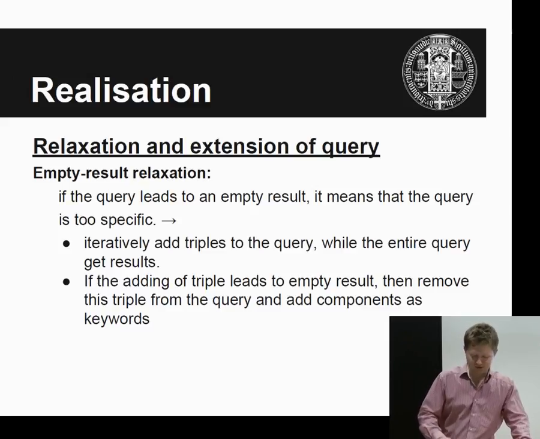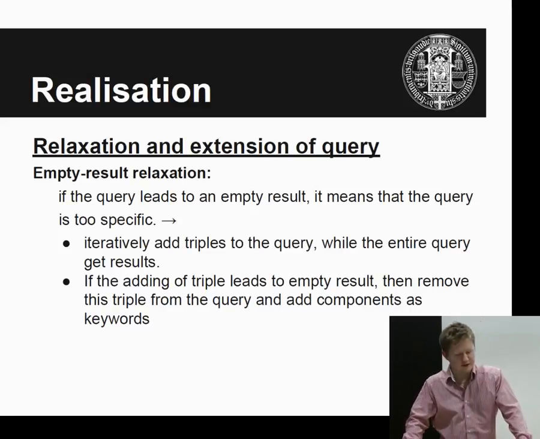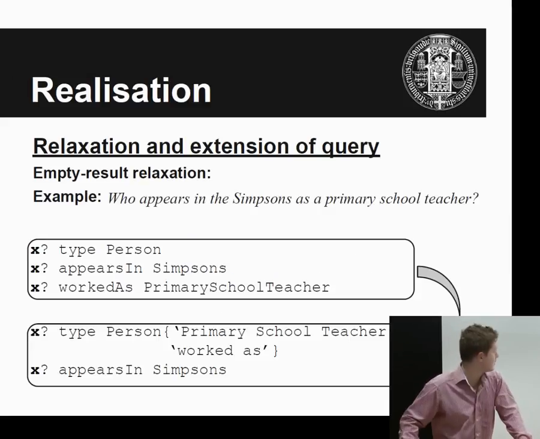It's an empty list. So in this case we do the relaxation. We relax the query. By this algorithm we take just the first triple, and the next one, and iteratively add triples to the query while the entire query gets a result. And at the point where we get no result with a triple, then we know this triple is bad, but we don't remove this information, we just add it as a textual extension.